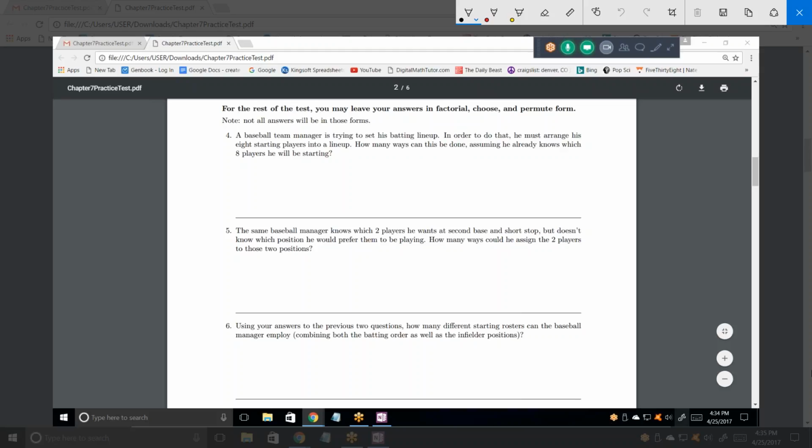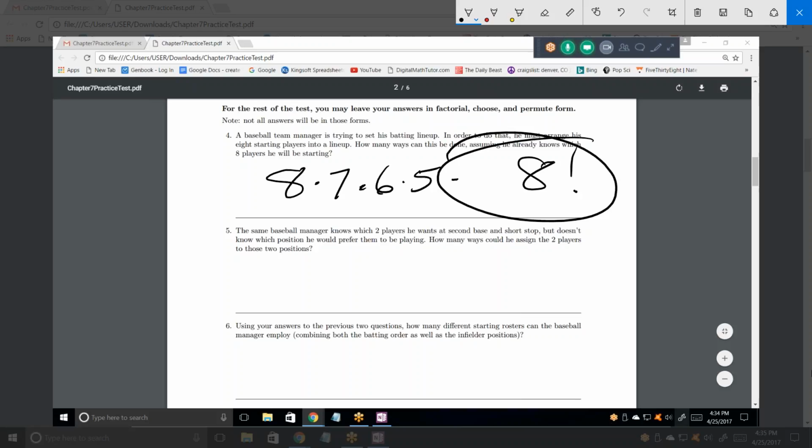How many different ways can you come up with a player out of 8 who will bat first? 8. Once that player is chosen, how many ways can a player bat second? 7, 6. Yeah, it's 8 factorial, right?